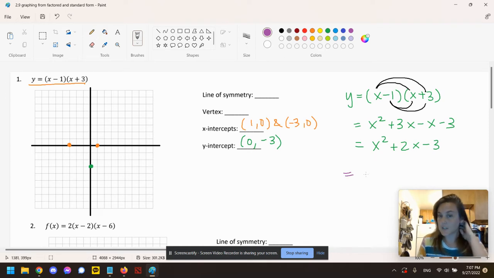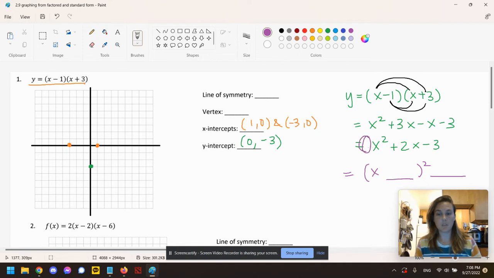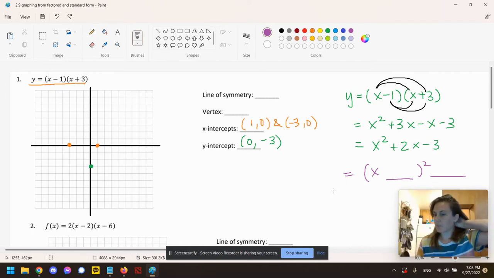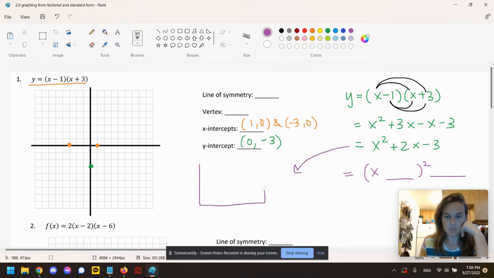To find vertex form, which is how I'm going to find my vertex, I prep my pattern. I know there's no number out front. There's no a term, so I'm not going to have an a term out here. So I know I just need to find my h and my k, how far left and right, and how far up and down I moved. With the picture, I know I want a perfect square for vertex form and only for vertex form.